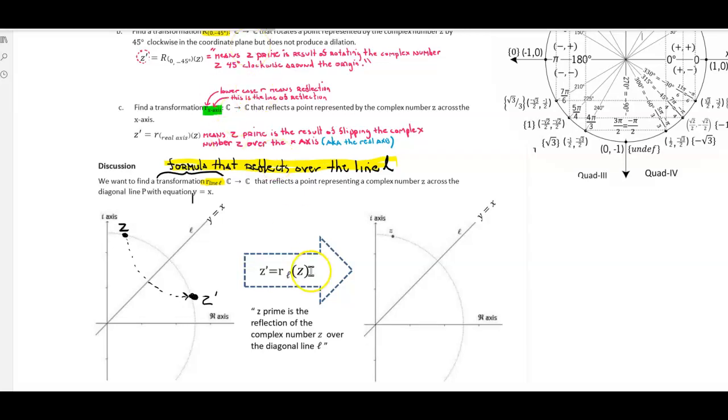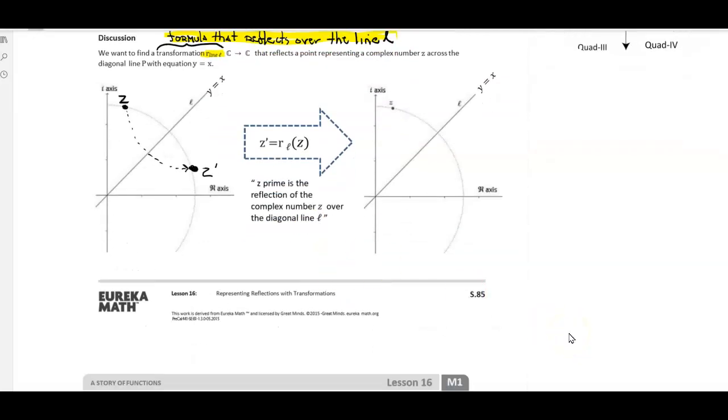So it's this right here. C prime is the reflection of a complex number over the diagonal line L.